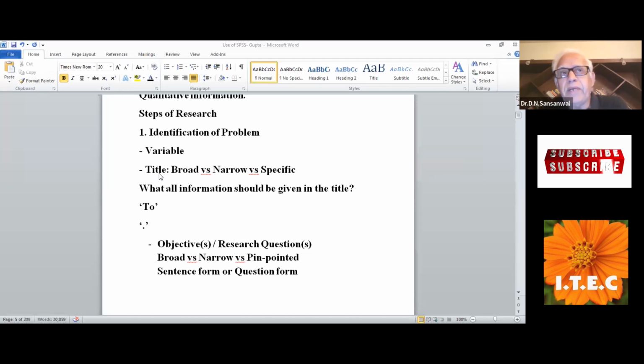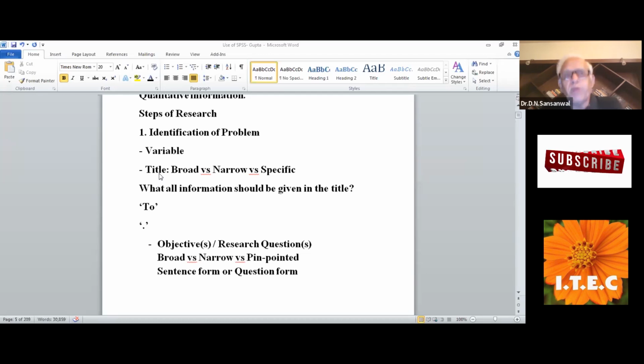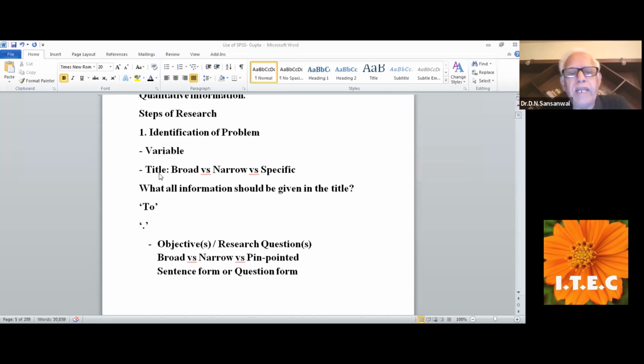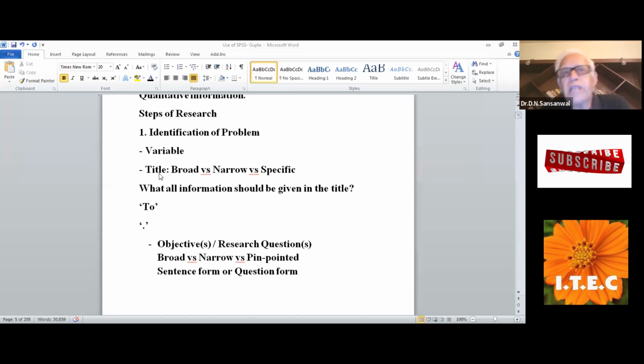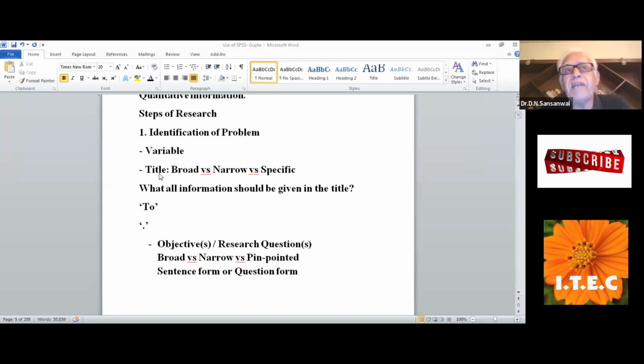Without the variable name, the title will not be appropriate, because from the title only you come to know on which variable the researcher has conducted research. So you have to select the variable first.